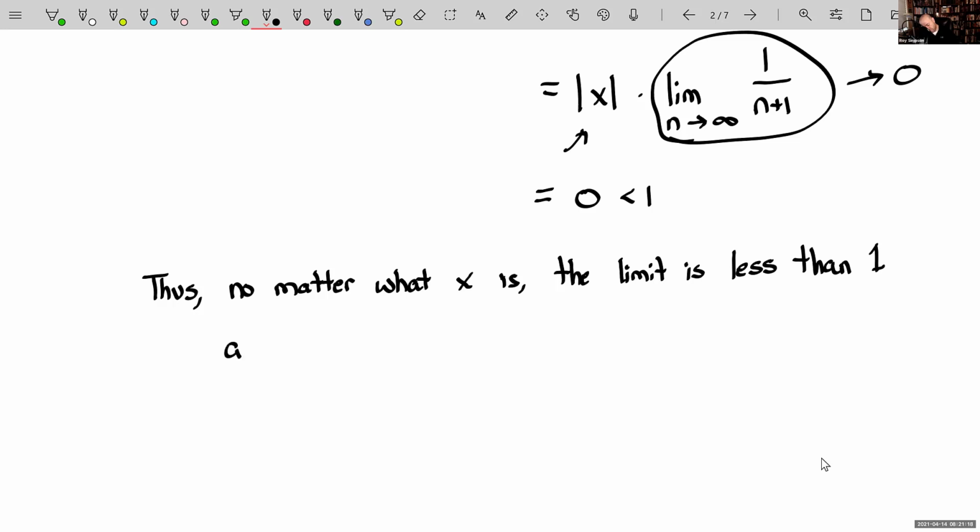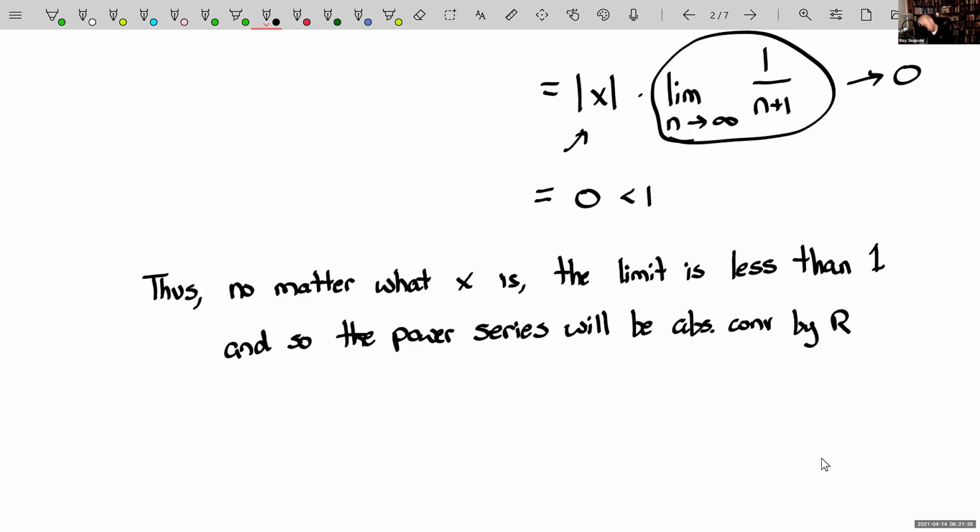And so the power series will be absolutely convergent by ratio test.